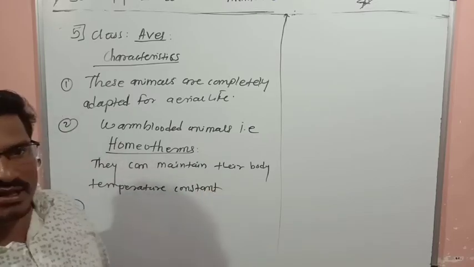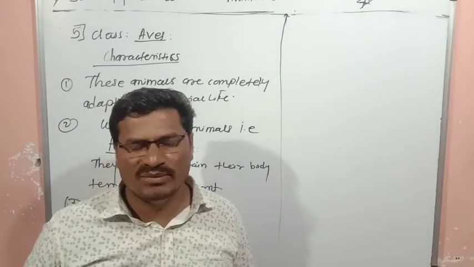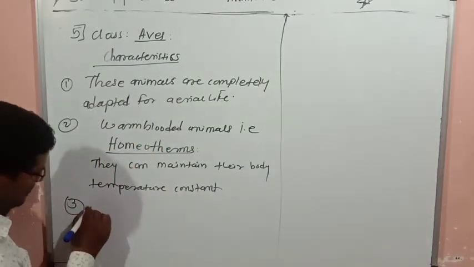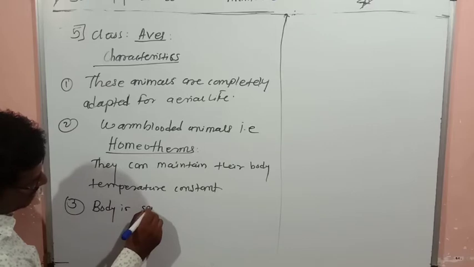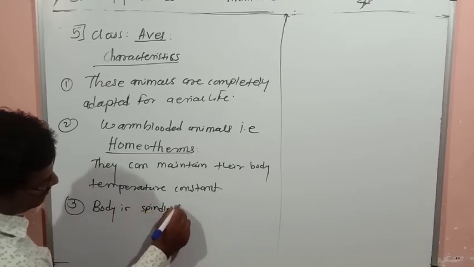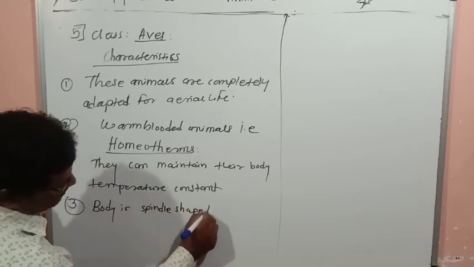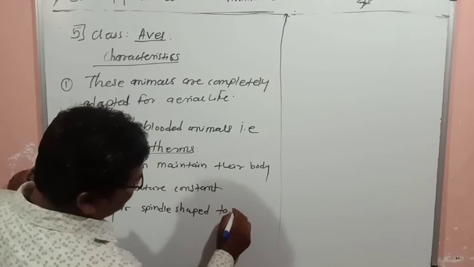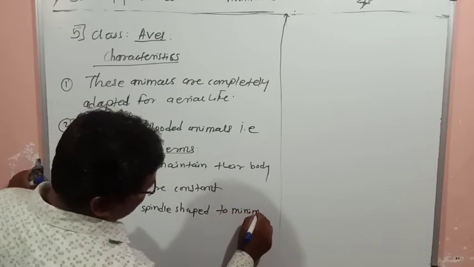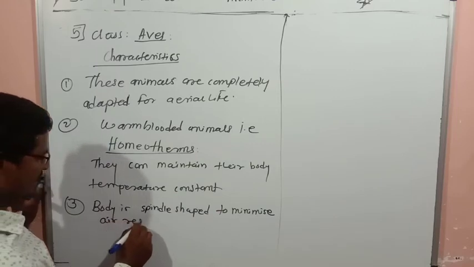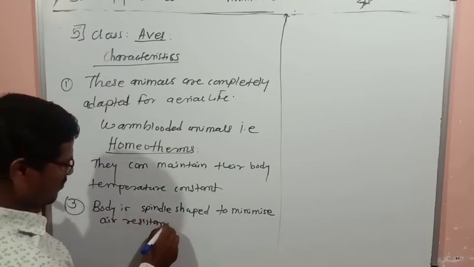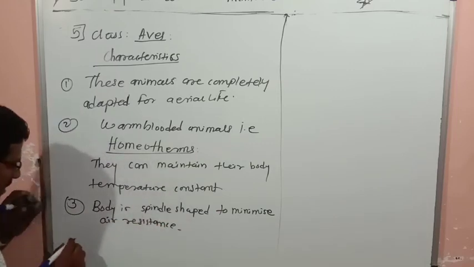Third characteristic is that the body is spindle shaped to minimize air resistance, the opposition of air while flying.